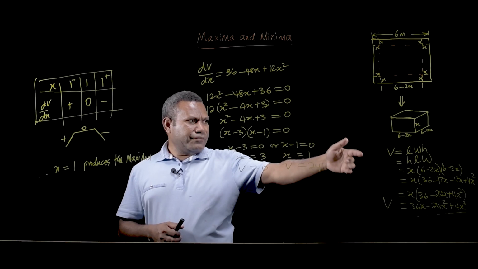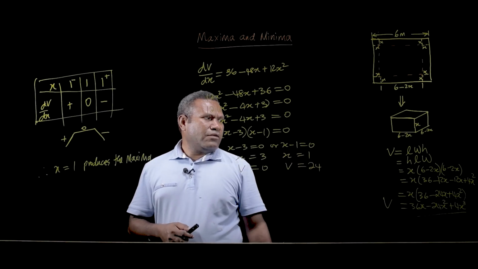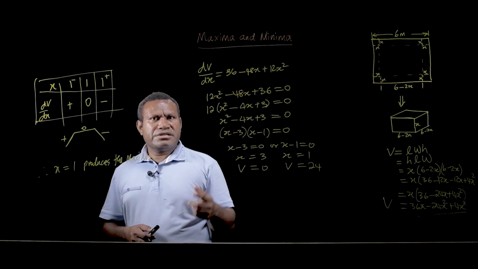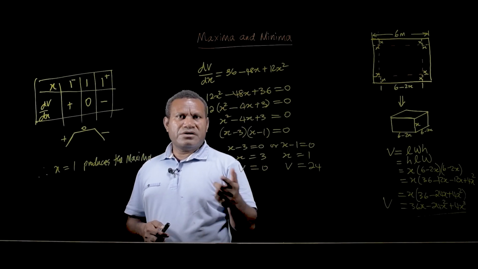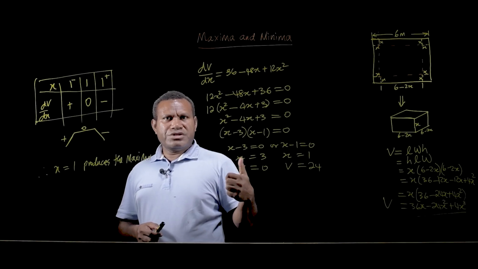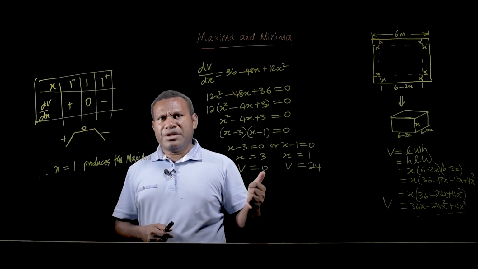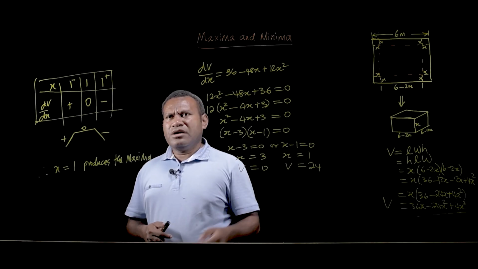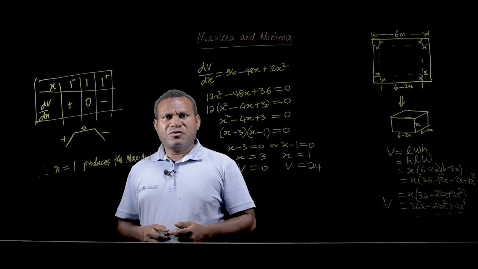From there we formed a volume of that tank, and we take the derivative. We equate the derived function to 0, and then we calculated the values of x that will produce either the maxima or minima. And we have proved that this point here, x equals 1, produces the maximum volume.